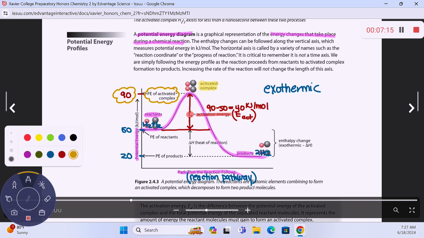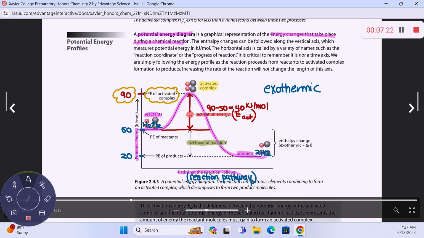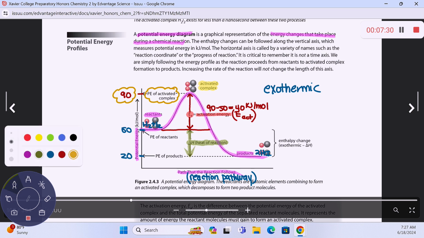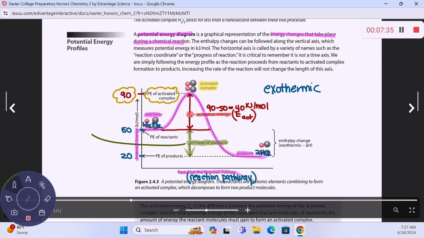Something else you need to know is how to calculate the enthalpy change, which they tend to call the heat of reaction. This is going to be the difference between the potential energy of the reactants and the potential energy of the products. Be careful when you calculate this. This delta H value will be calculated the same way every time.